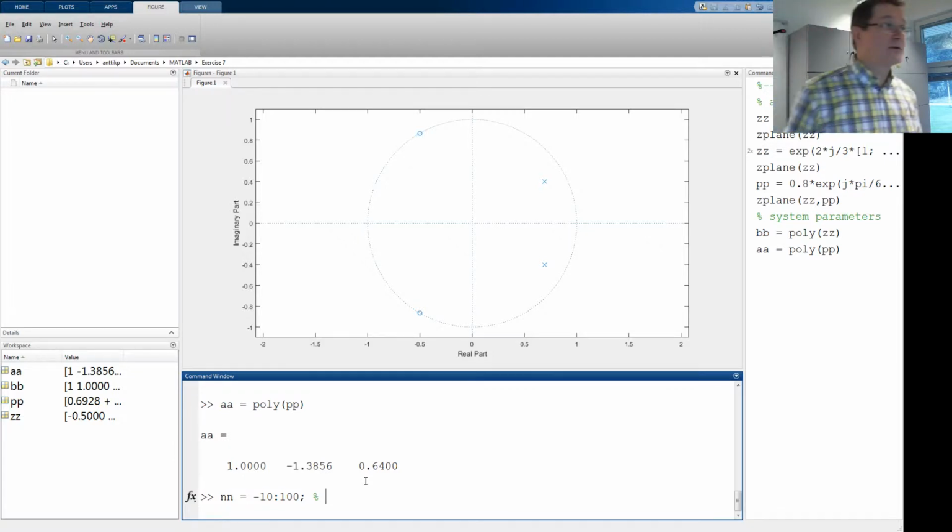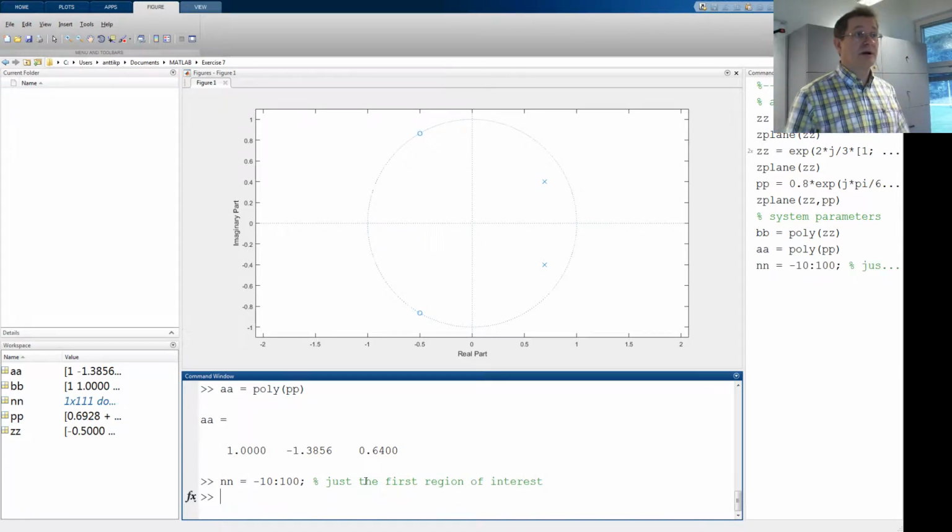I start with 100 points, and I start the indexing before the point 0, just to make a better looking graph. Okay, just the first region of interest. If this one goes sour, I can easily go back and start doing it over.